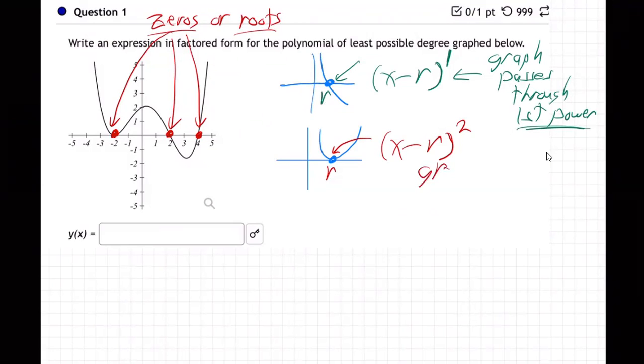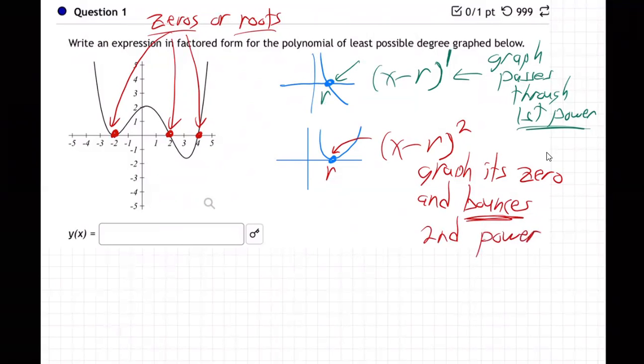Whereas if the graph hits 0 with a U shape and bounces, let's put it that way, bounces instead of passing through, that's second power. Whenever it bounces, that's a second power. And it's always x minus the root.